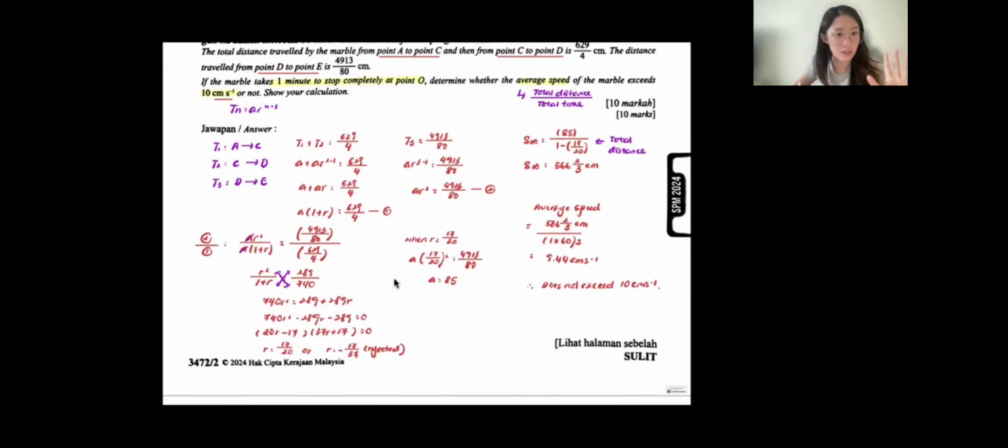So 10 marks in this question. Wow. Number 1, here. Number 2, formula same. Number 3, getting your first and second equation. Number 4, simultaneous equation. Number 5, getting your R. And 6, getting A. 7, getting total distance.